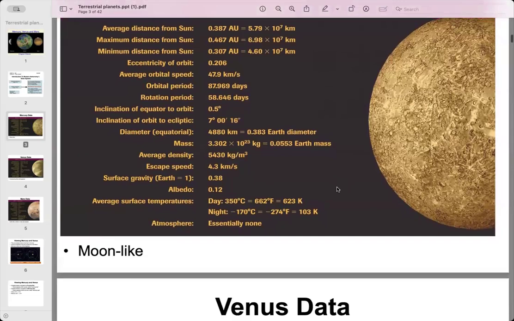Its average surface temperature on the day side is 662 Fahrenheit, and on the night side, it's minus 274 Fahrenheit, and it has essentially no atmosphere. In trying to think of the properties of Mercury, you could think of it as more like the moon.